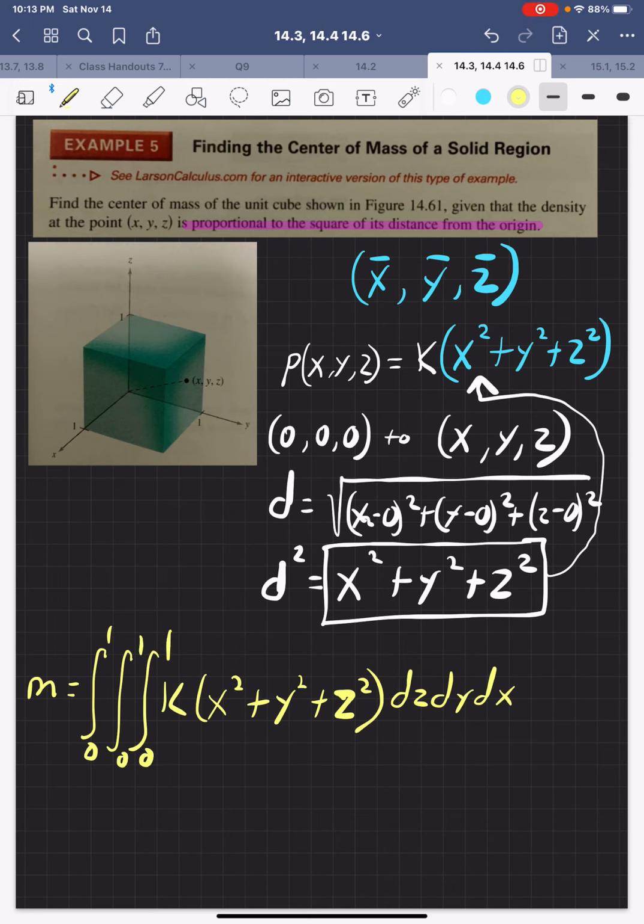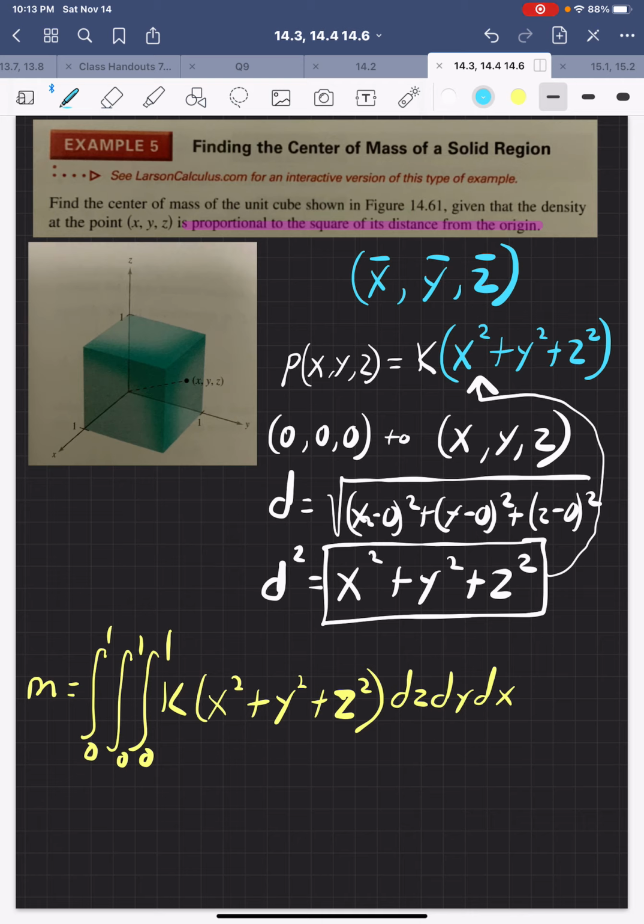So it was unfortunate that they didn't give us a density function. We had to build that. But it is pretty nice that at least all of our bounds are constants. So at this stage, we just get busy with the setup for integration.